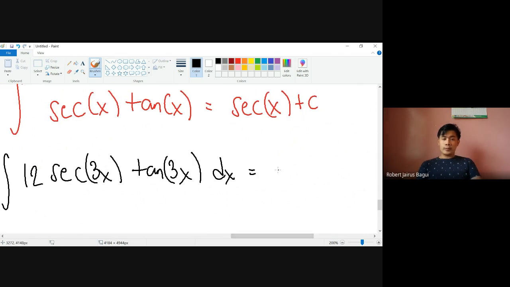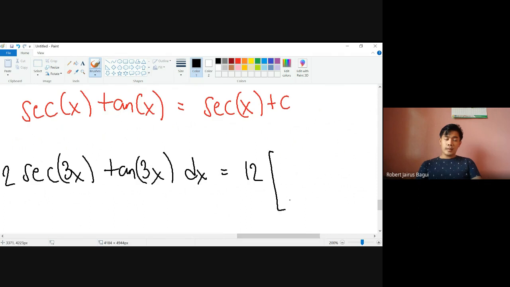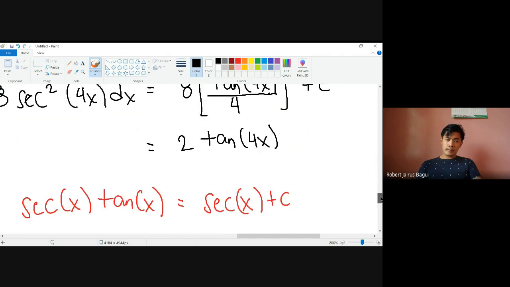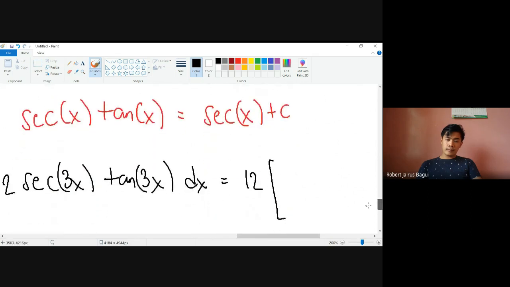Paano to? So 12. Ngayon, labas ko muna. So secant 3x tangent 3x, this would be secant 3x all over 3.